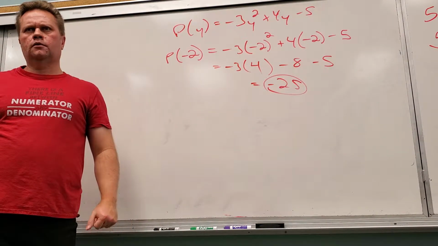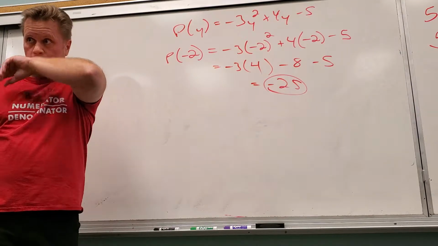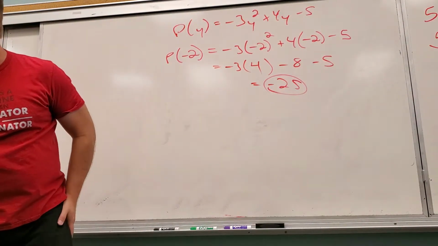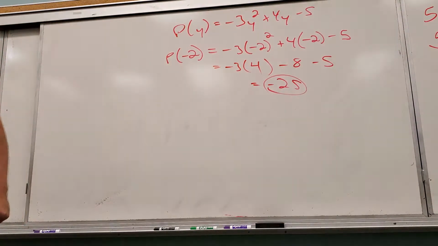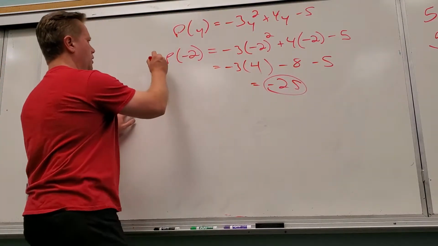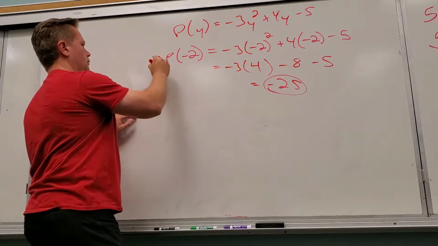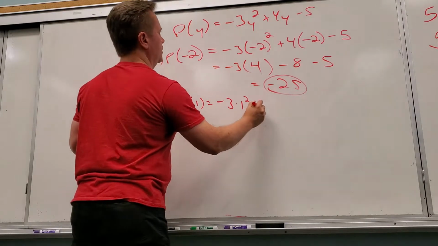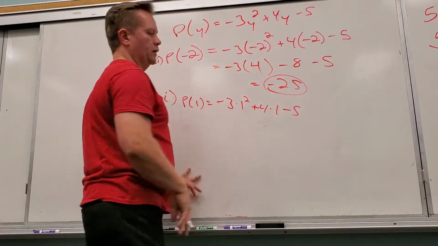The P of 1 one is pretty easy. What's the first one on the example? P of 1, just plug that thing in. So you should get negative. Where did -2 come from? So if you do P of 1, I did these out of order, but P of 1 would just be -3 times 1 squared plus 4 times 1 minus 5.